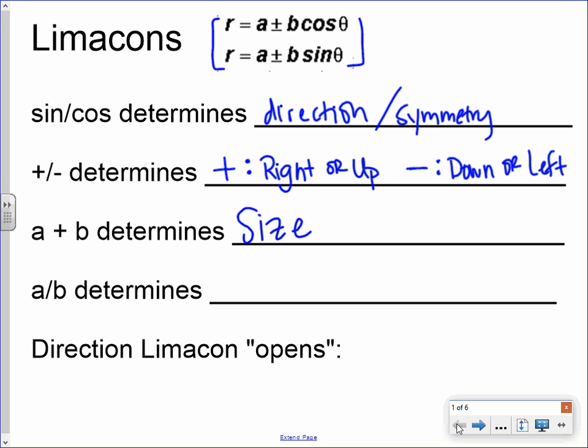Part 4, I'm going to change it up a bit. What is A divided by B determine? I said which type. Which type? Okay. How many of you looked in your book at the 4 different types? How many of you noticed during our activity that when you played around with A and B, the shape changed?